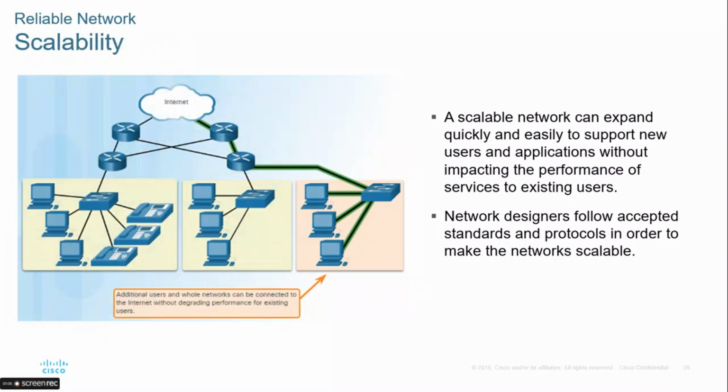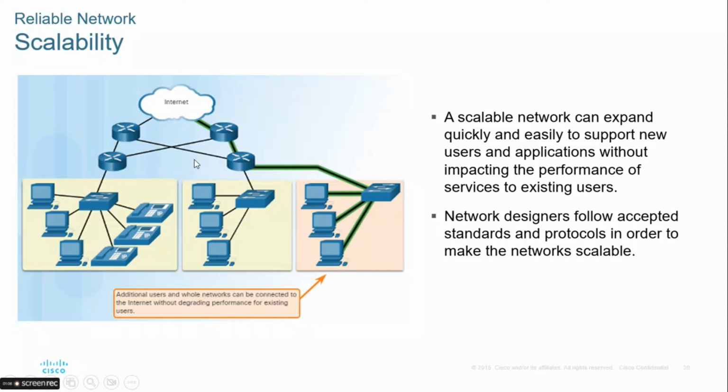Scalability. A scalable network can expand quickly and easily to support new users and applications without impacting the performance. That can only be achieved if you left a good IP address scheme. For example, if you subnetted and you just needed maybe 8 IP addresses, then you came up with exactly the 8 only.